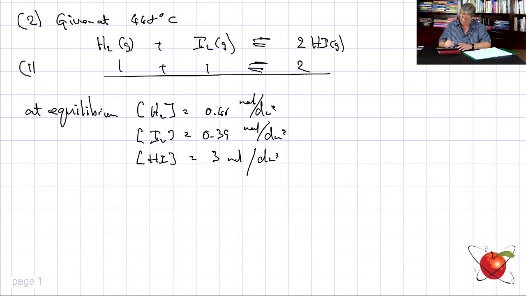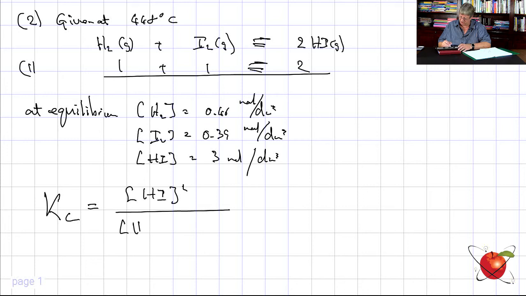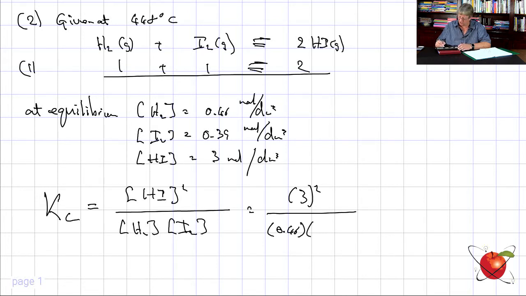Kc is equal to the concentration of HI product squared divided by the concentration of H2 multiplied by the concentration of I2. So therefore, with what they've given me, that is going to be 3 squared over 0.46 times 0.39.